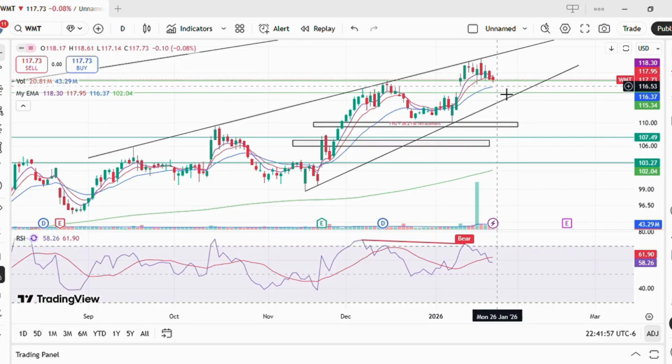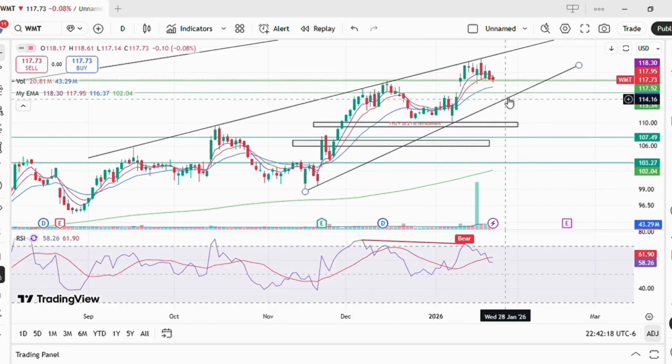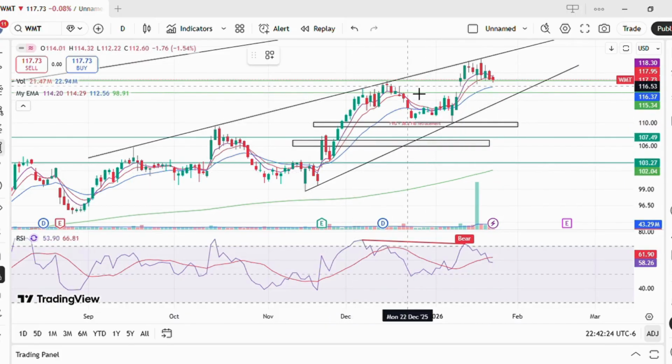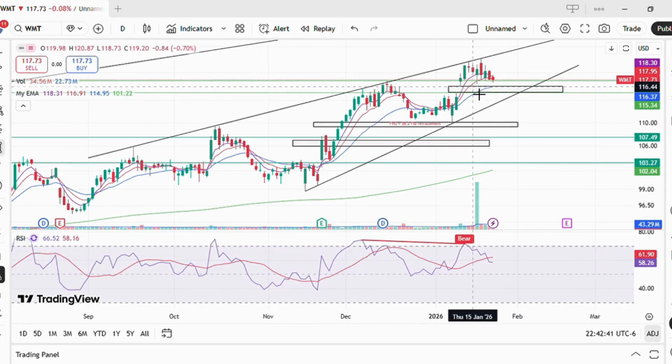We have a gap here, and we have this trend line. Let's see how the price reacts to this gap here. Also, we have a demand zone here.